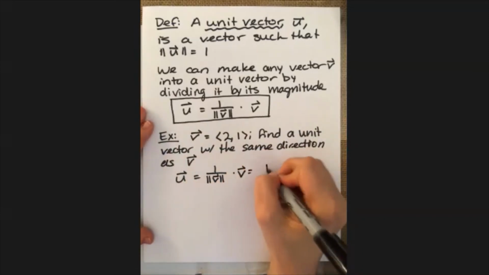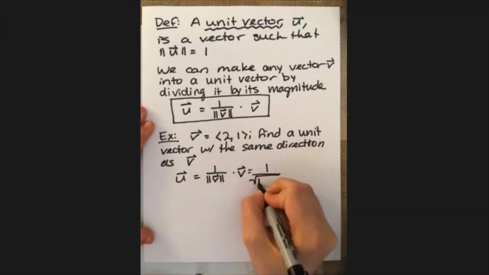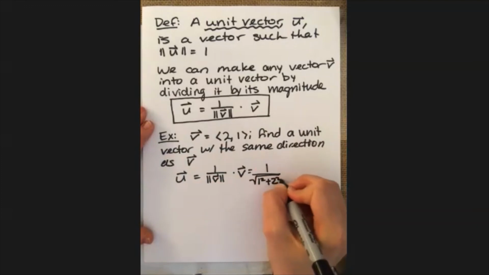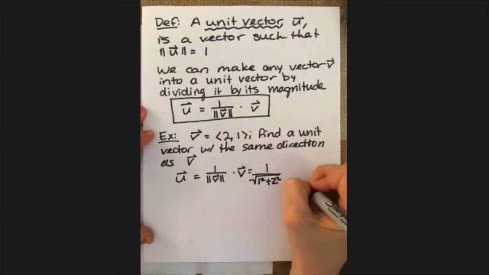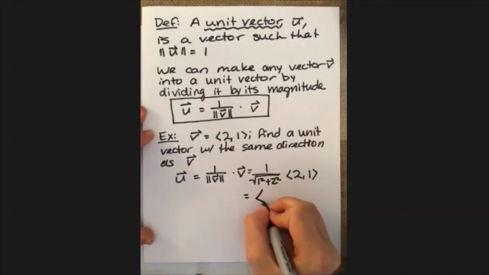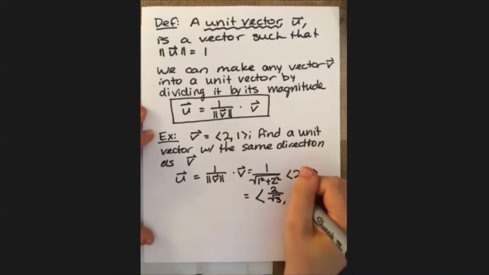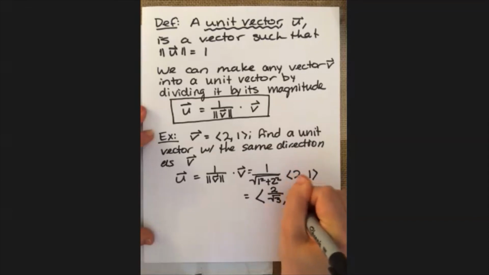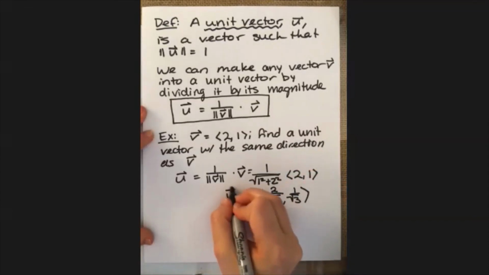So 1 over the length of v is given by the square root of the sum of its components squared. So it's going to be 1 over the square root of 2 squared plus 1 squared times the vector 2, 1. Simplifying that down, you get 2 over root 5, 1 over root 5. And this is our desired vector.